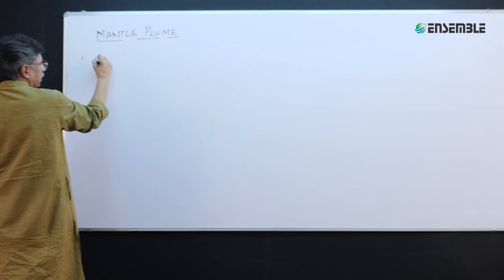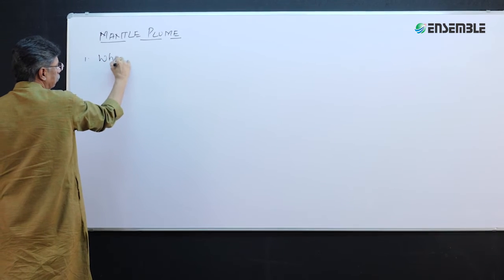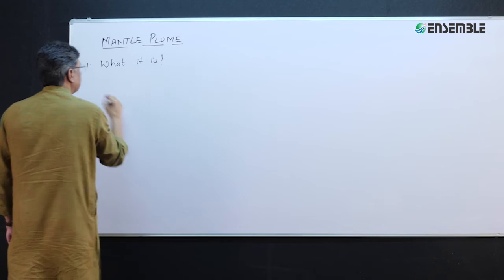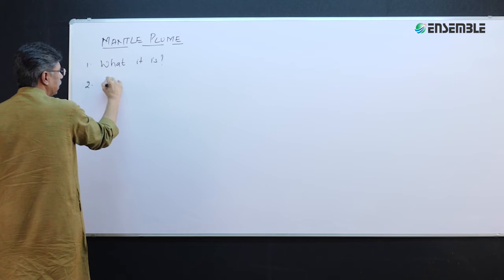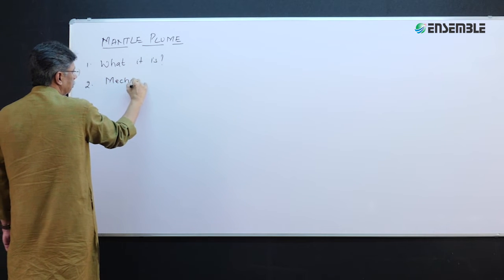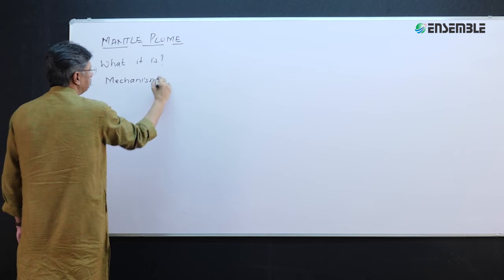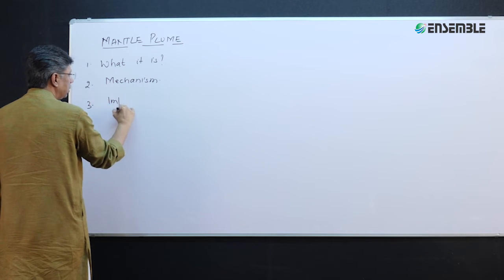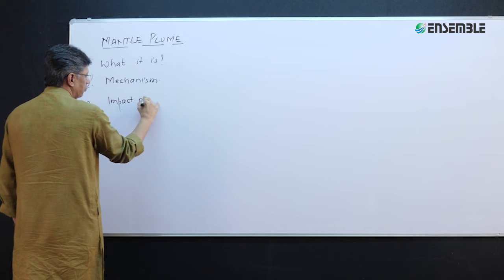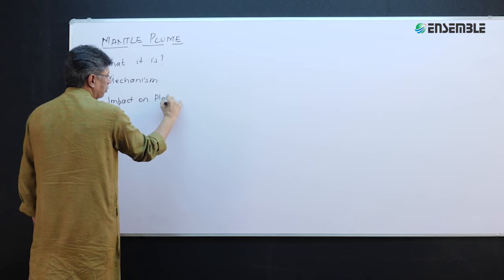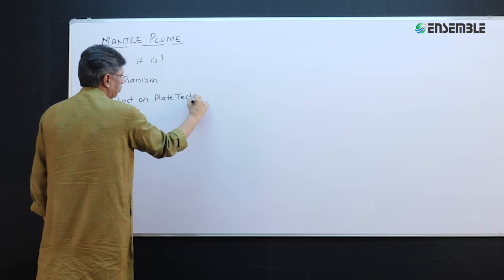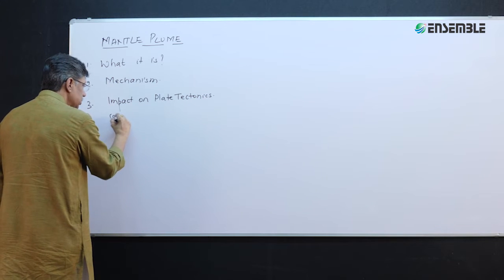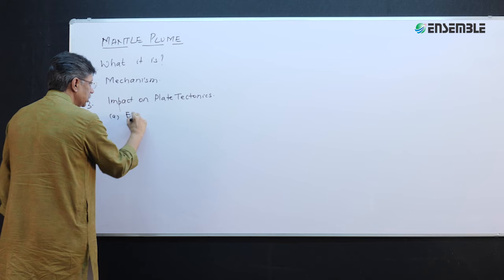That is, what exactly is a mantle plume? Second is the mechanism of it. The third is its impact on plate tectonics. Now, this impact goes on to include, first, the impact on epeirogenic movement.